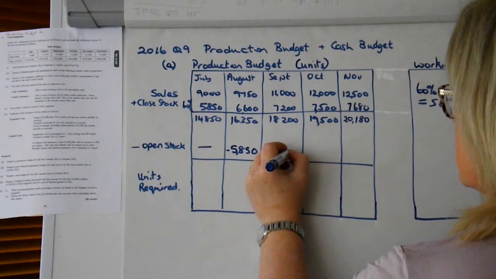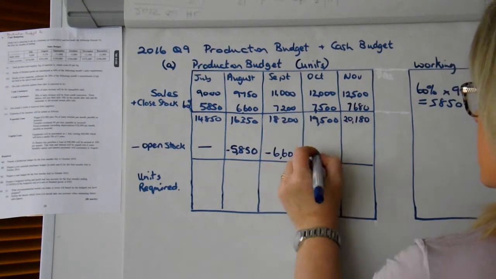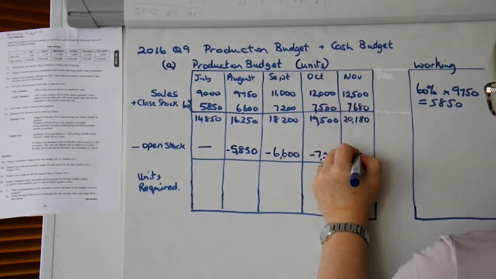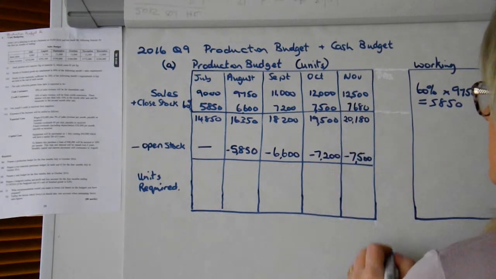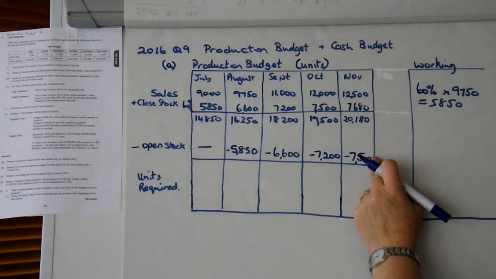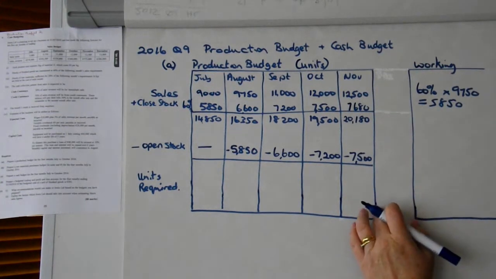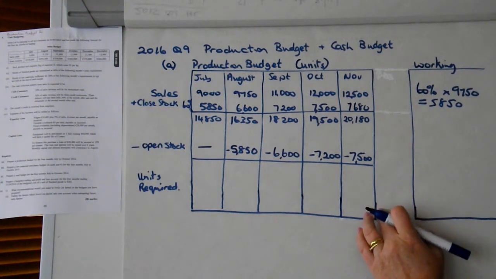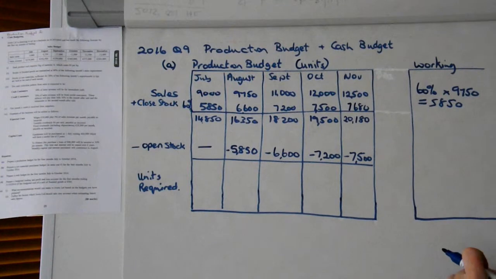Repeat the pattern. Just bringing forward the closing stock as our opening for the next month. And I am going to complete it there for November because I need the units figure in the next part. So just do the extra month there, November, in part A.